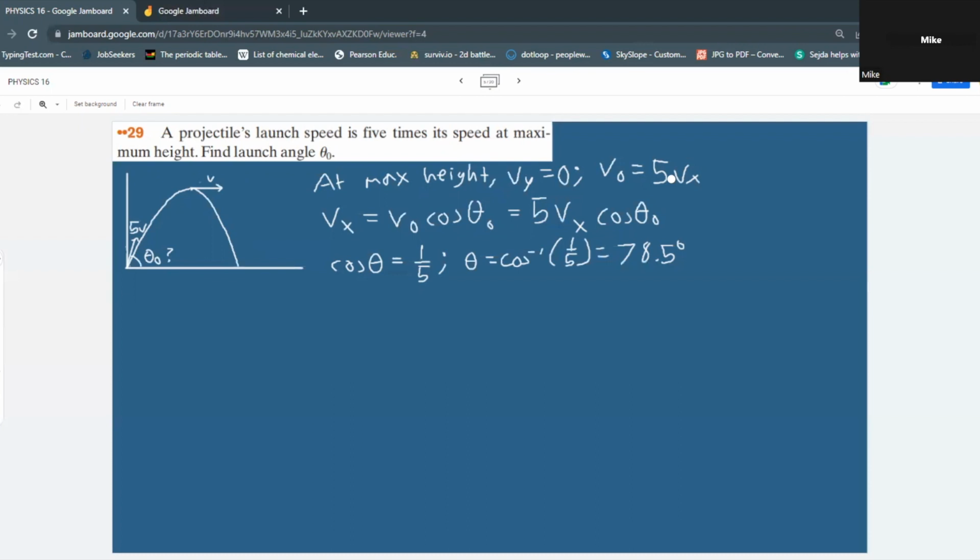Kaya nilito ko yung ibig sabihin ng equation mo. V sub x is V sub 0 cosine theta. Okay, ginamit mo yon. So, sige, cosine theta is 1/5. Okay na. Naintindihan ko na.